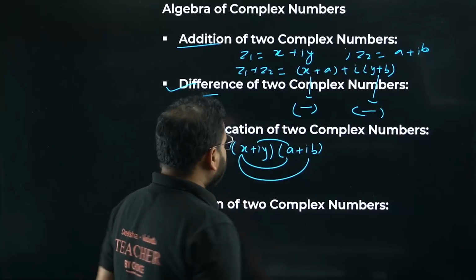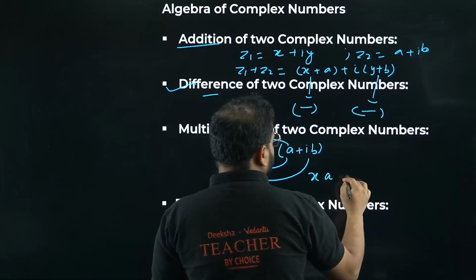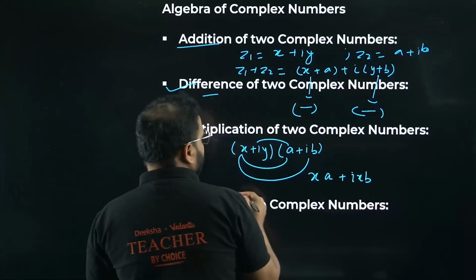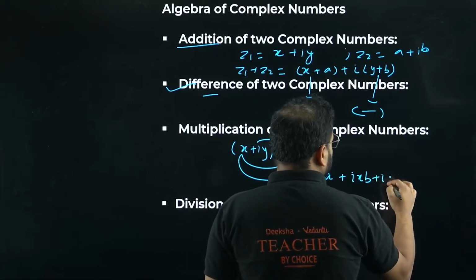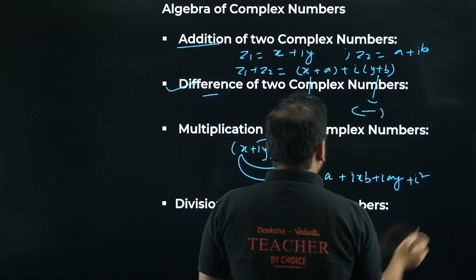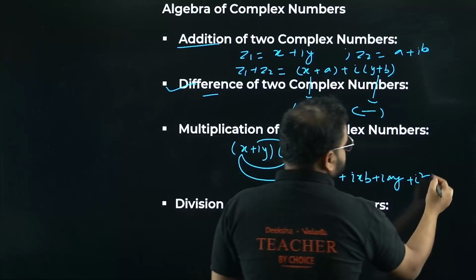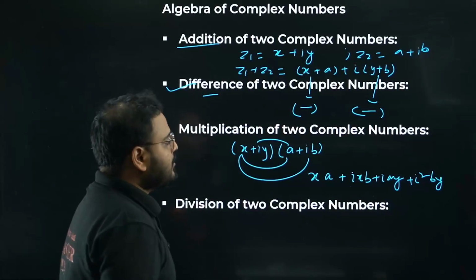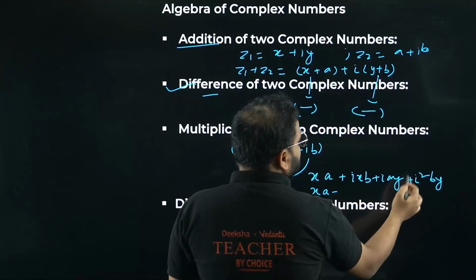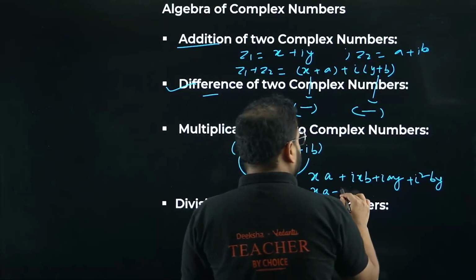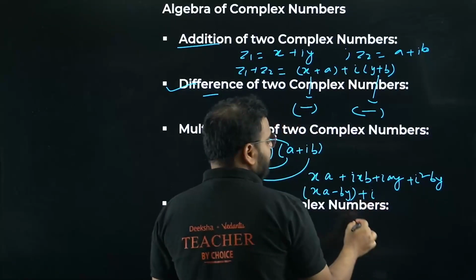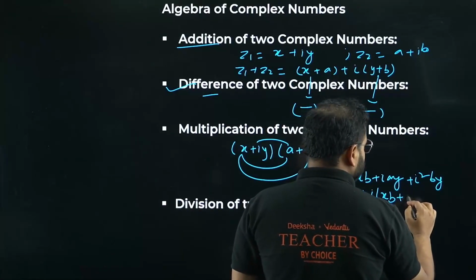So you'll have xa plus i xb plus i ya, and last will be plus i squared by. This will become xa minus, what is i squared value? Minus 1, so minus by, and you can take i common, it will become xb plus ya.